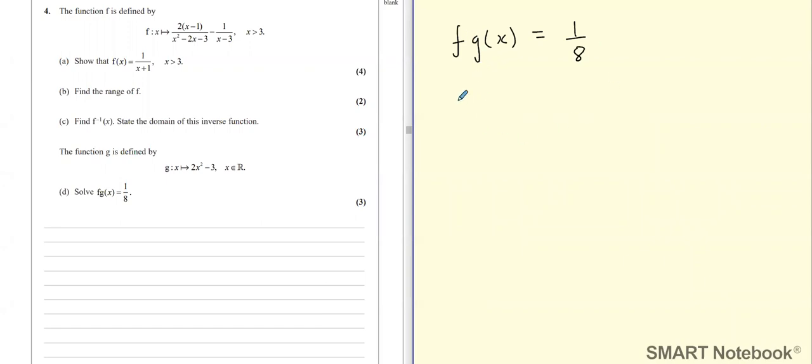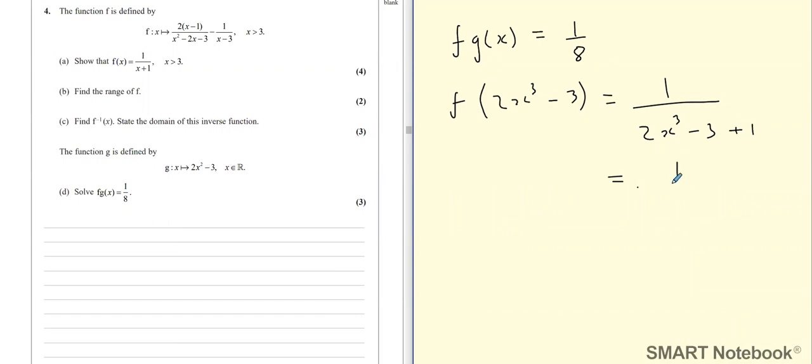So that's the same as saying f of 2x cubed minus 3, which is the same as saying 1 over 2x cubed minus 3 plus 1, which is 1 over 2x cubed minus 2.